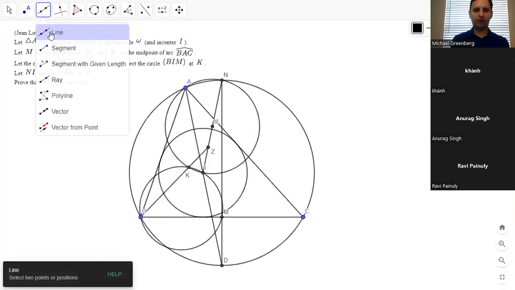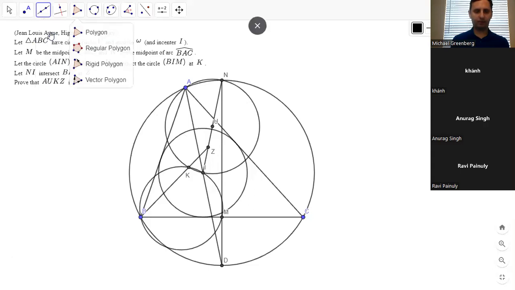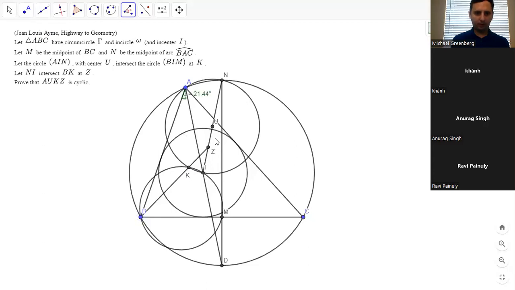So we want to show BAK equals CAZ. I think that's right. So BAK, we want to show BAK equals CAZ. And that would solve it. We want to show AK and AZ are isogonal.